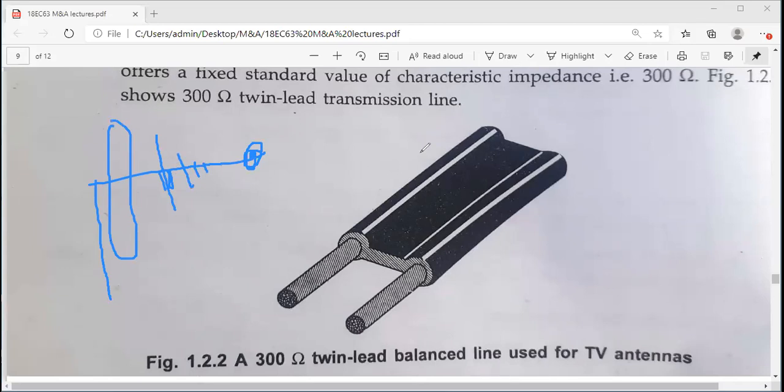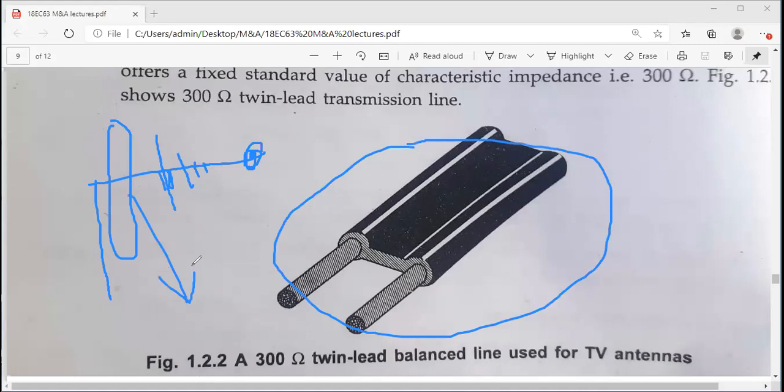Okay, this kind of cable was being used for these earlier TV sets. Now everything has been replaced with coaxial cables, and one more advanced after coaxial cable is optical fibers. Okay, even that is a transmission line. So this is an obsolete one, very rarely used.